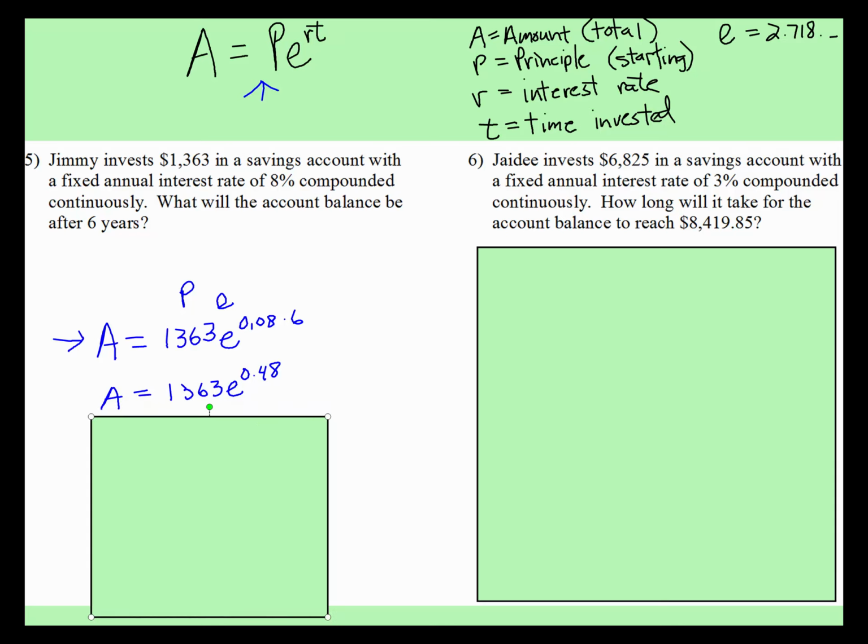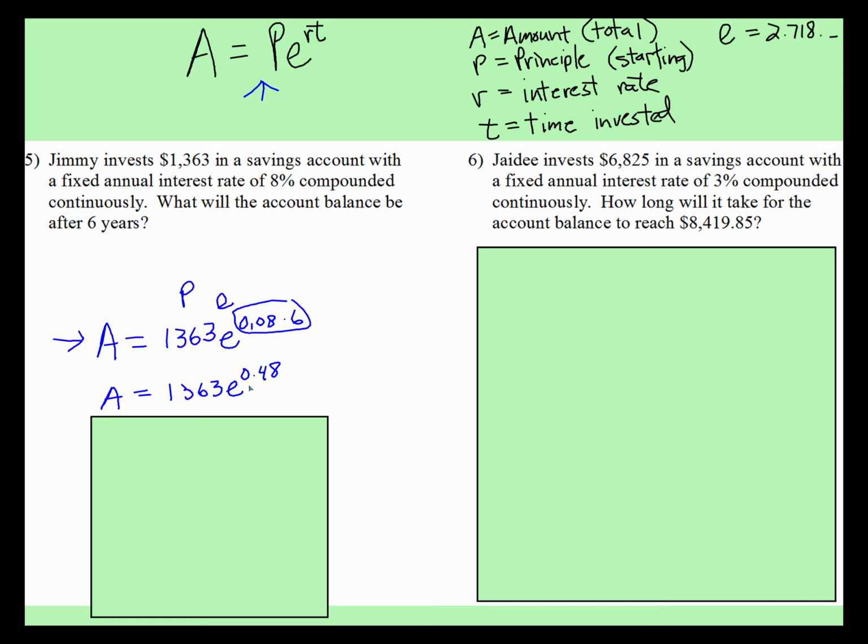The first thing that I did is simplify the exponents. 0.08 times 6 is 0.48. Remember in order of operations, you've got to do exponents first. So now we're going to plug the letter e into the calculator. On most scientific calculators, you might have to hit the shift or second button and the natural log button.